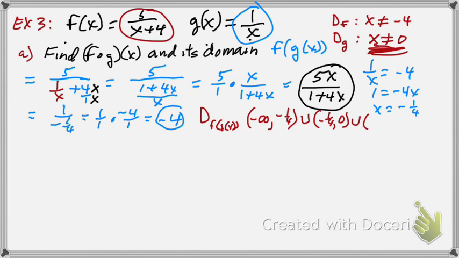Yikes. Union 0 to infinity. Now that's the long way to write it. That's interval notation. Holy moly.